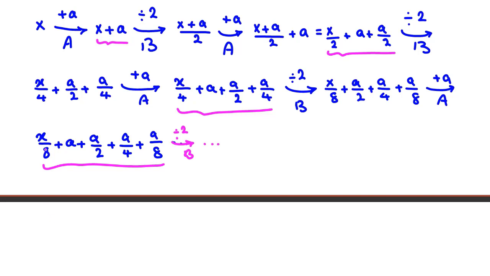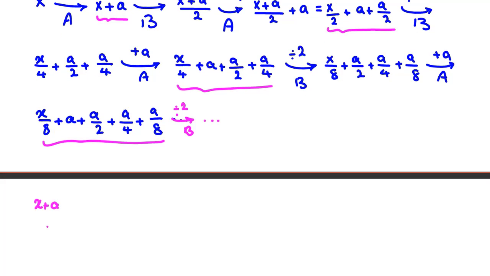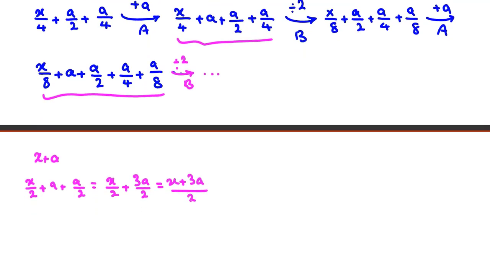So in general, let's check. X plus A should be even. In the next step, X over 2 plus 3A over 2. It means that X plus 3A over 2 should be a multiple of 2.